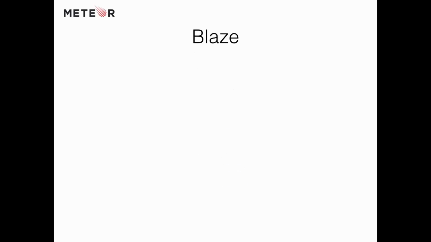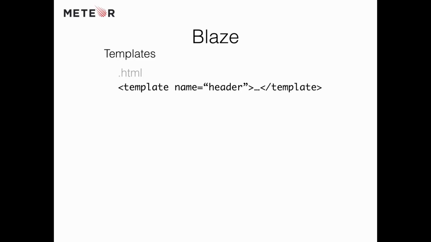So let's have a look at Blaze. Inside of Blaze, we create templates, and templates are basically UI segments. So you can take your HTML and break it down into segments called templates. To create a template, we basically create a template tag and give it a name. So you give it a name attribute, and you give that the name you want.